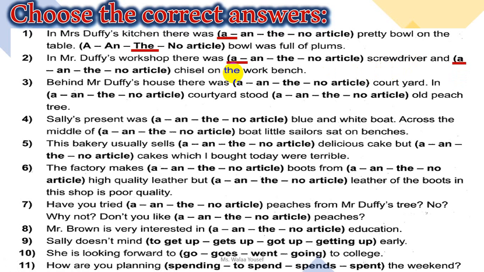Number 3. Behind Mr. Davis' house there was a courtyard. We haven't mentioned it, so a. In the courtyard stood an old peach tree. The courtyard, we mentioned it, so the.